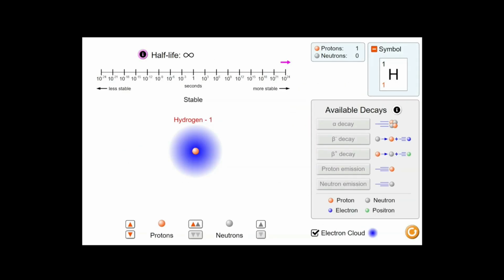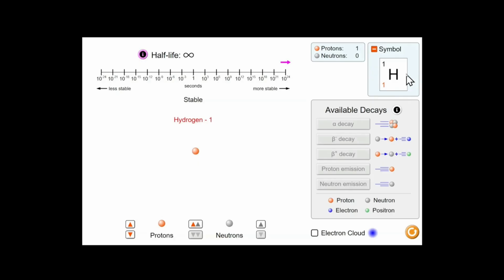Let's look closely at the concept of an isotope. So here I have a PhET simulation. I'll put the link in the description. And here we have a proton by itself, and let's take away the electrons. So we have just a humble proton by itself.